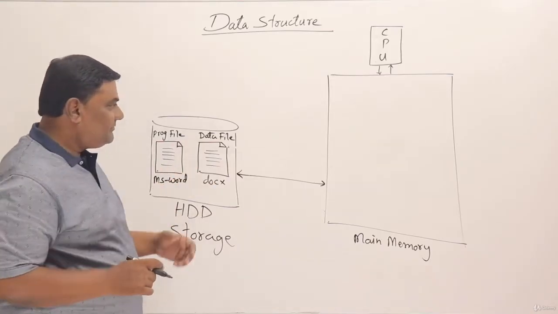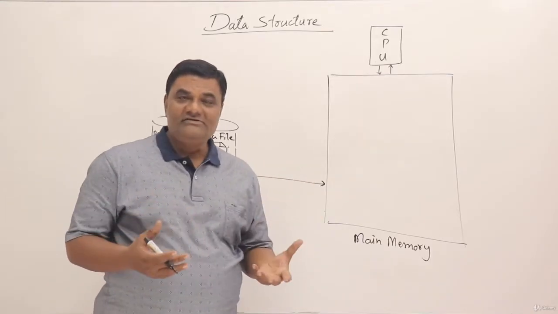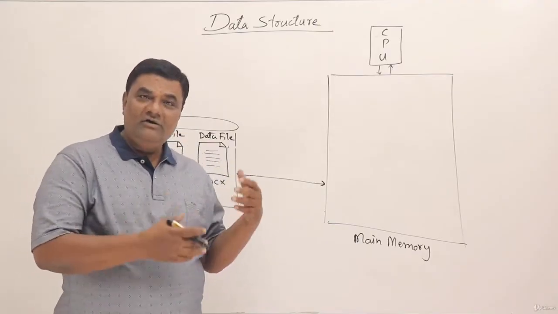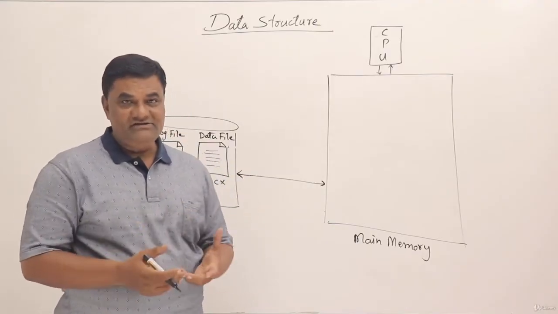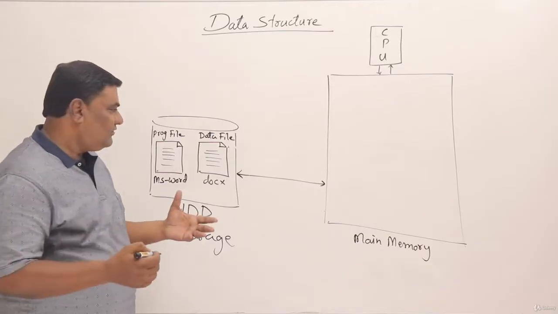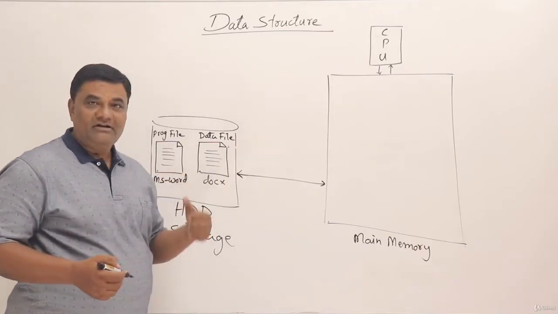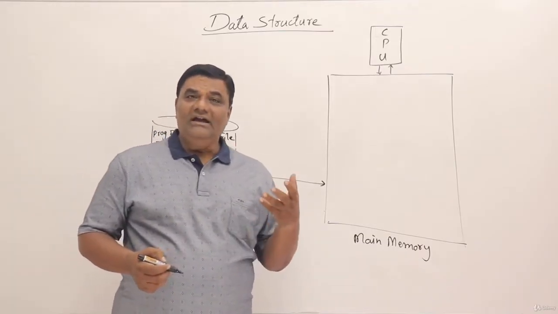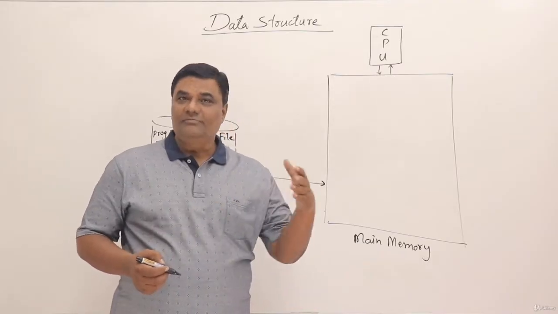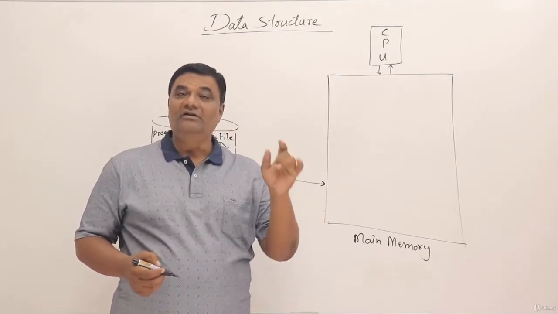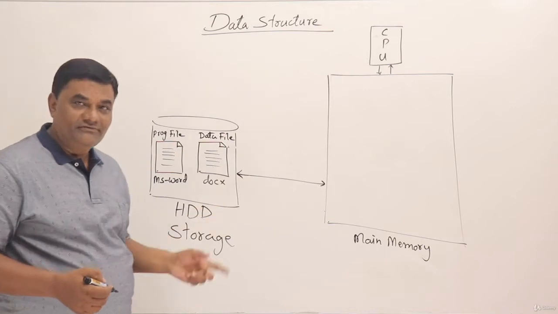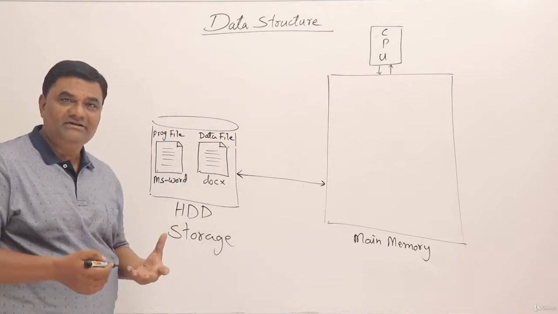Now through this example, I'll explain where the data structure comes into the picture and how MS Word may need data structures. Now let us see how our application program runs. If you want to run MS Word on your PC or your mobile phone, you touch an icon or double click the MS Word icon, then let us see what all happens.